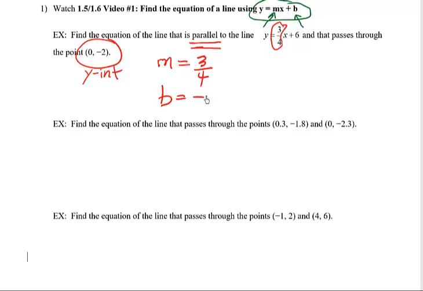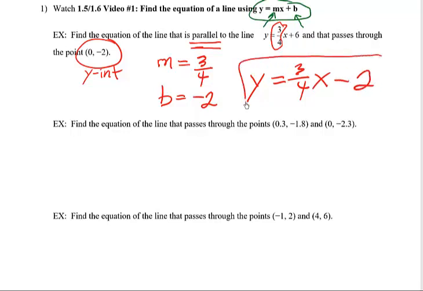Well, then I can write my answer down really without doing any more work. Looks like the final answer would be y equals 3/4 x minus 2. So if you've got the slope and y-intercept information, you can easily write down the equation of the line.